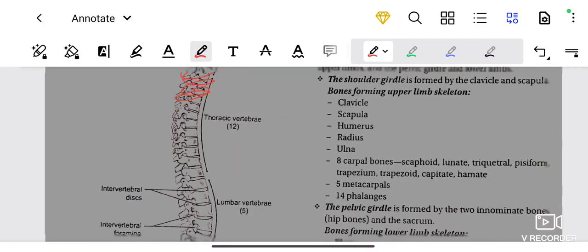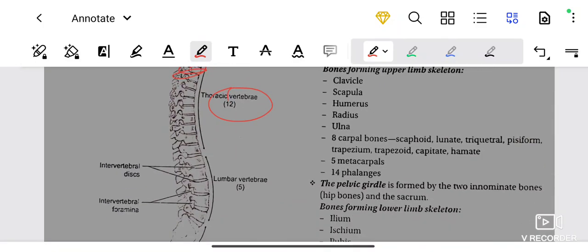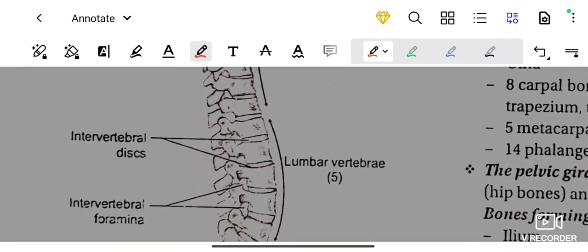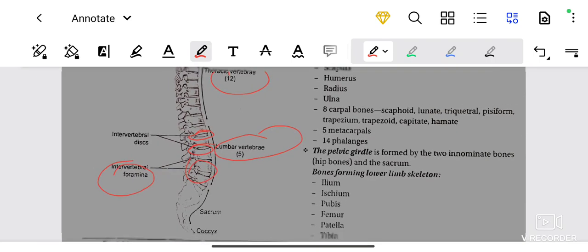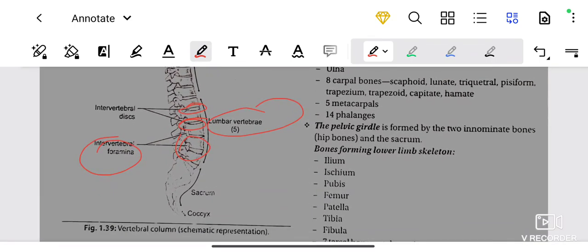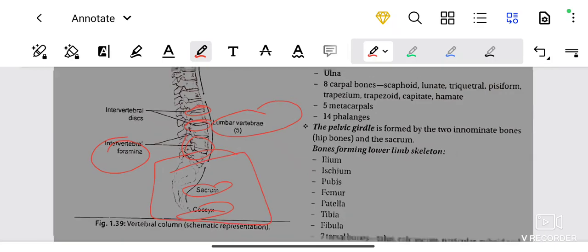The thoracic vertebrae are 12, and you can see the intervertebral disc here. The lumbar vertebrae are 5, and the intervertebral foramen is the hole; foramen means hole. This is the sacrum and coccyx, which is seen in the pelvic bone.